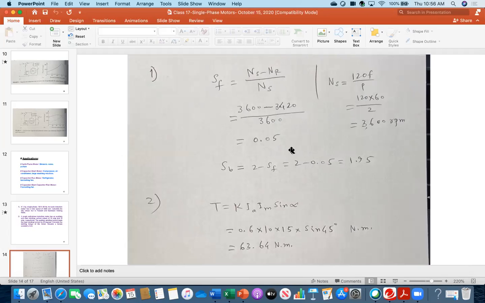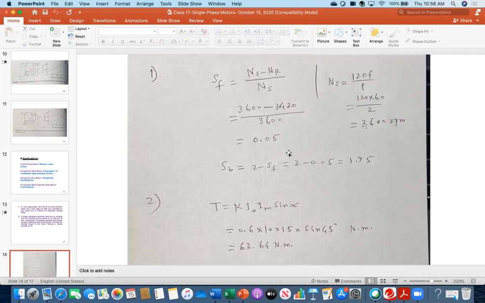Everybody see, this is the calculation. This is not a difficult problem, just the slip calculation. The only difference from the three-phase induction motor, where you ended up calculating one slip, is that today you are calculating the other slip. That's why I said single-phase induction motor theory is more complicated than three-phase. Pretty interesting.